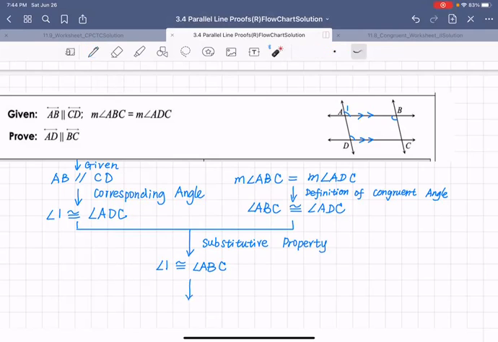After we have angle 1 is congruent to angle ABC, you can get the conclusion of these two parallel. The reason here is alternate interior.